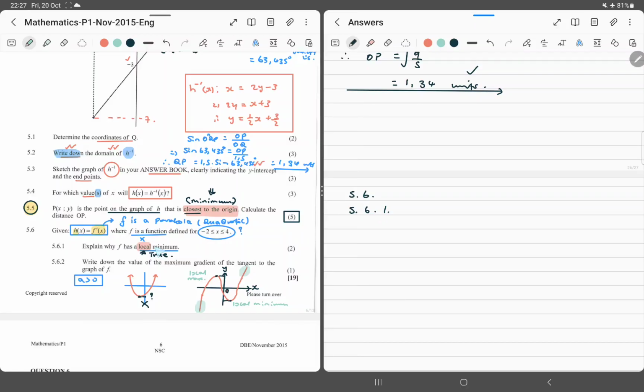So the question says, why does this one have a local minimum? We can see that the a value is greater than 0. How do we get this? It's from the gradient of the first derivative. If the first derivative function has a positive gradient, it means a is positive in the original function, and therefore it's a smiling parabola.